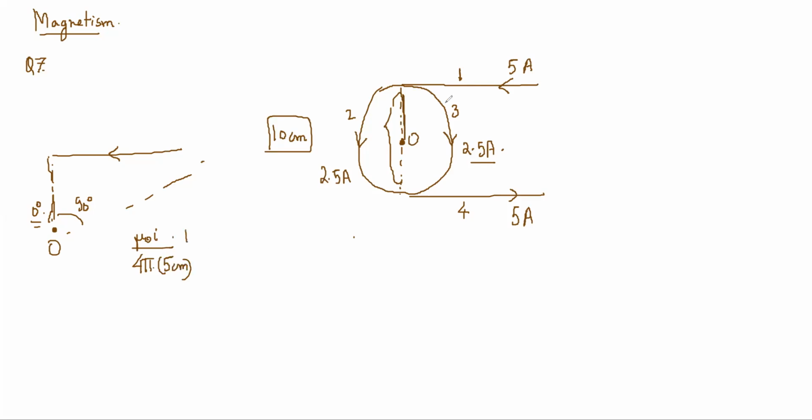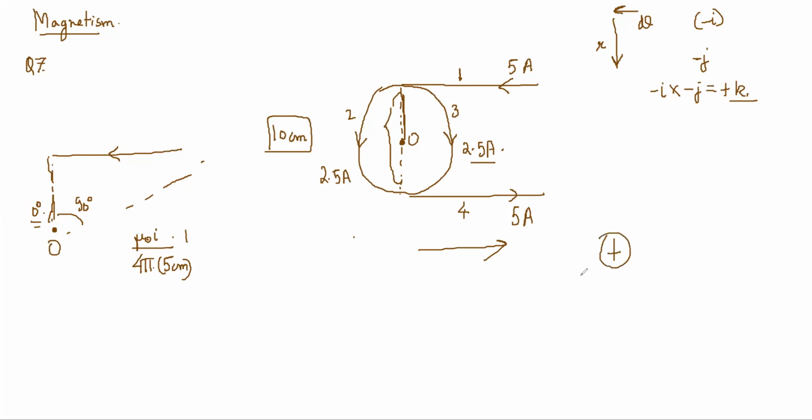Sin alpha plus sin beta is 1 only. And you have to notice the directions. For dl cross r, dl is in the minus i, r is in the minus j, so minus i cross minus j will be plus k. So it is outside the plane, by your right hand thumb rule also you can say. Similarly, here this one will be i cross j, which is also plus k, so they get added.